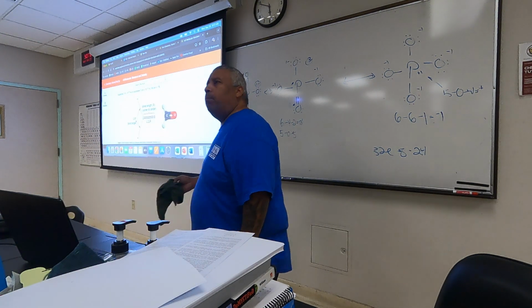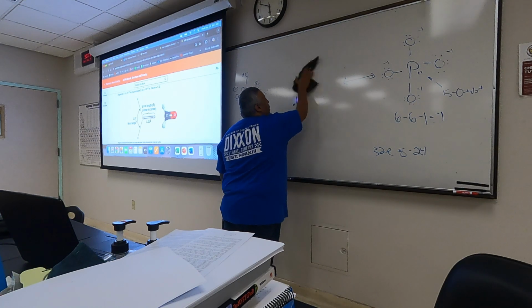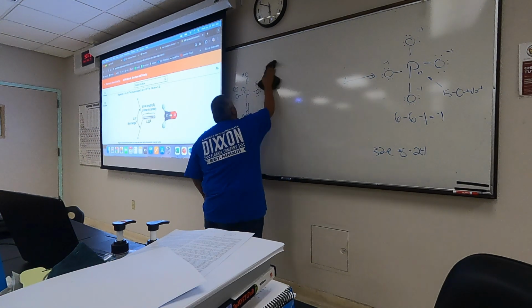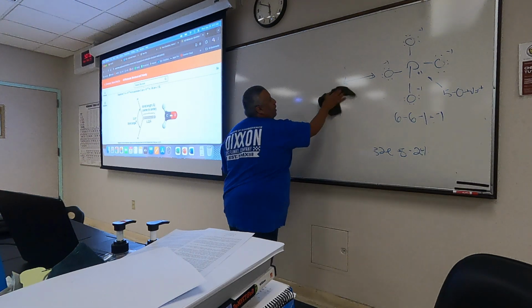We'll be talking about bond length and shapes. I think we have a pretty good understanding of drawing these Lewis structures, but these Lewis structures do take on shapes.